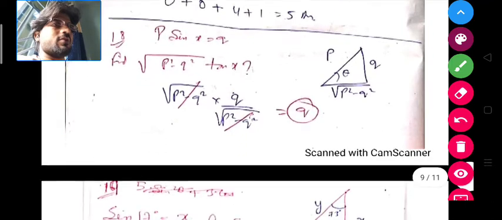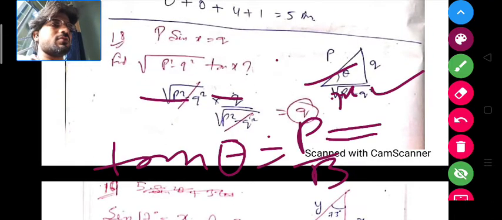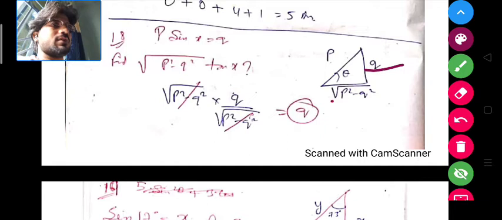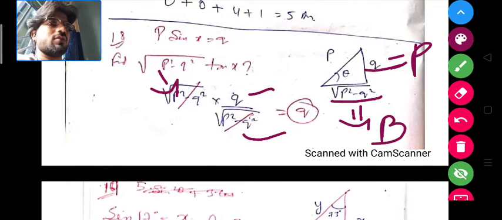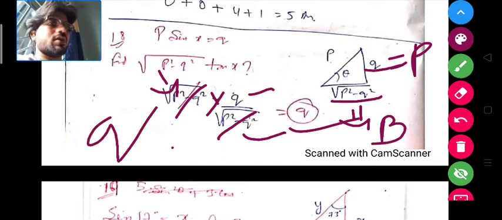So this is perpendicular, this is base p, this is b. So you put p by b, multiply by p square by q square from the question, and you evaluate the value of tan x, and it gets cancelled out. The answer is q. Okay, fine.